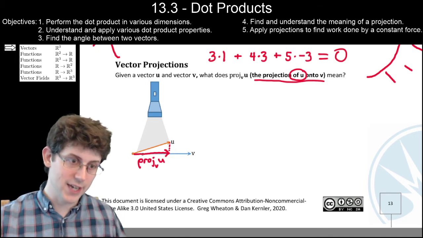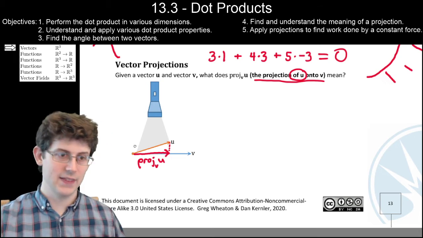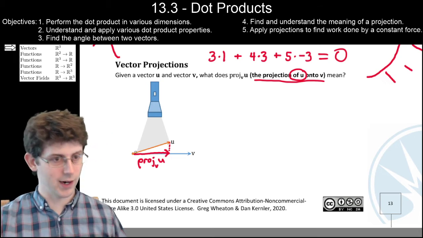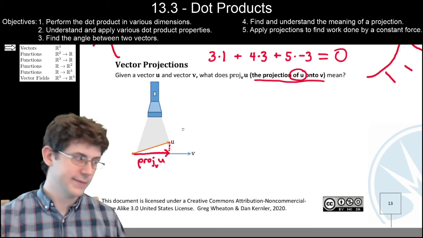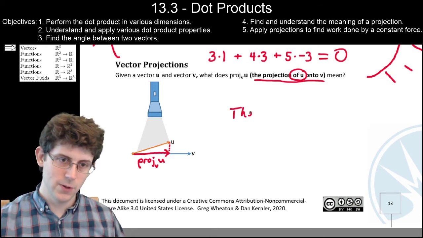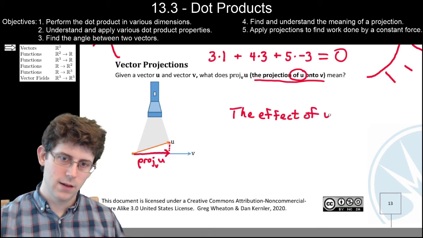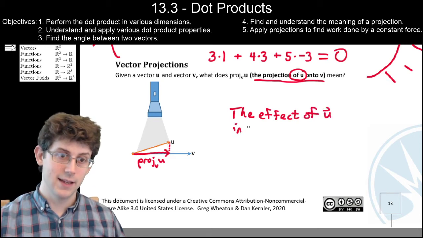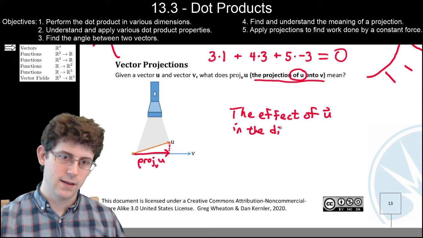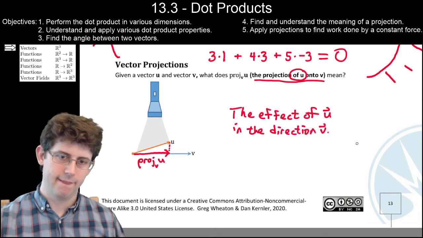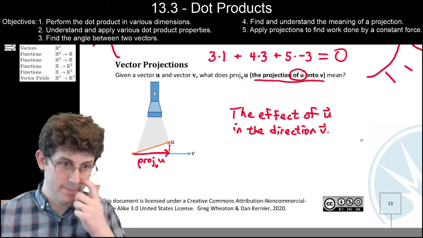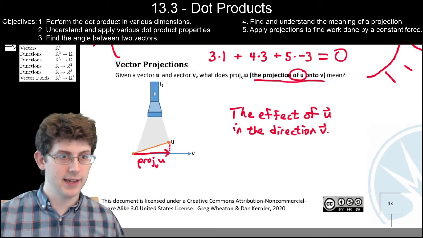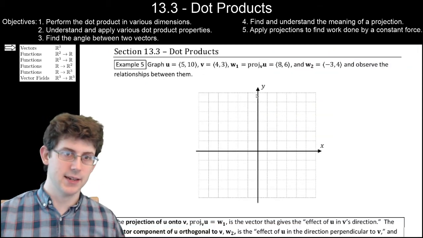Well, you take the projection of u onto v, and that's the amount that it helps you or hurts you in walking in the direction v. So it's like the effect of u in the direction v. Okay, let's calculate it, and then we'll do a physics example at the end.